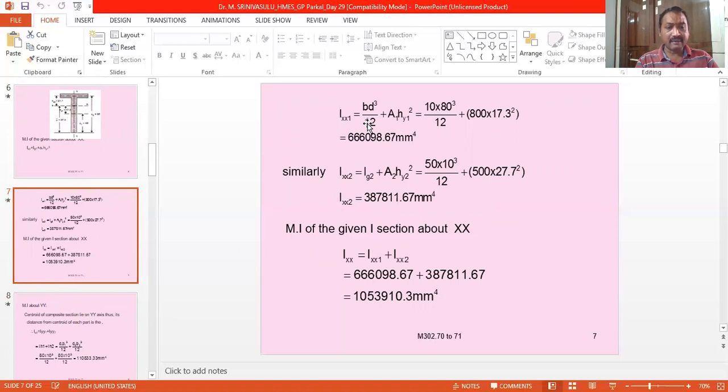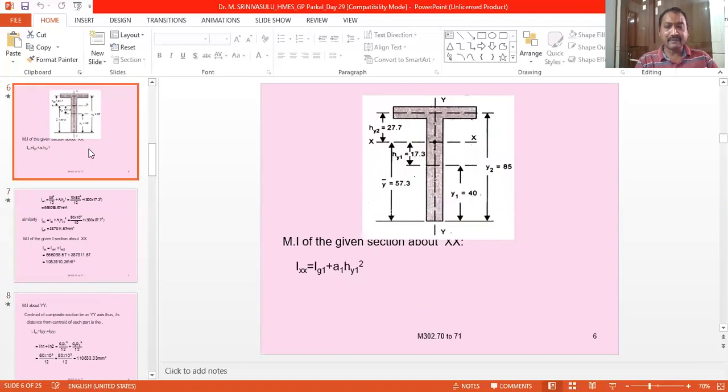For that we require y1 and y2. In this case, for rectangle 1, y1 is equal to 40, and for rectangle 2, y2 is equal to the total distance 80 plus 10 by 2. So 80 plus 5, that is 85. So y1 is equal to 40 and y2 is equal to 85.